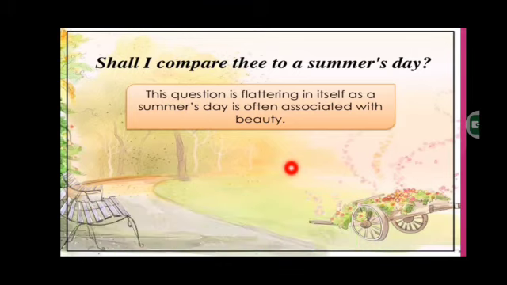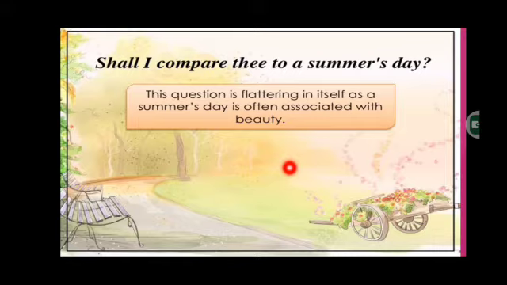But there is no flaw and no decline to my beloved. That's why he will say that my beloved is more lovely and more temperate, because there is no extreme in my beloved and there is extreme in a summer's day, right?